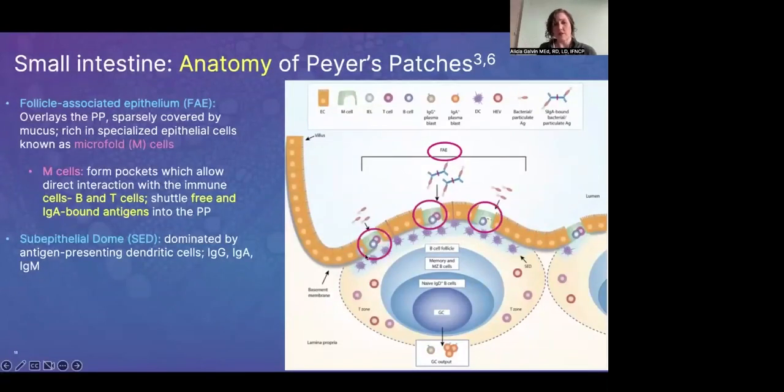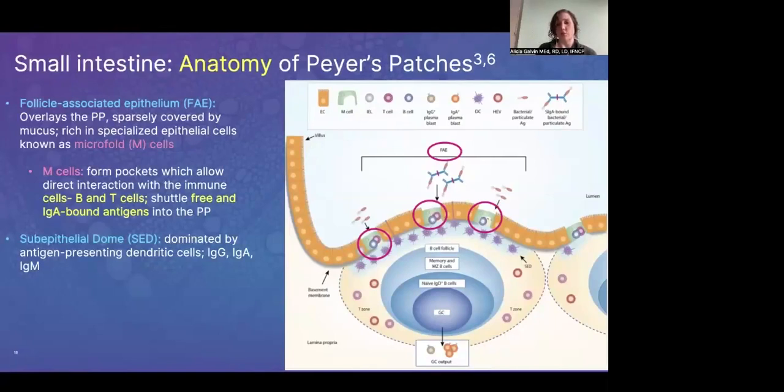These M cells are specialized, called microfold cells, and they have these pockets that allow direct interaction with the immune cells. It also interacts with IgA, both free and bound to antigens. So it's a way for your antibodies to figure out, oh, hey, here's something we need to bind to.